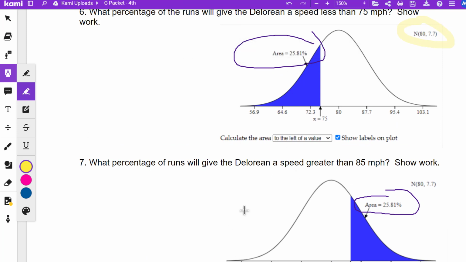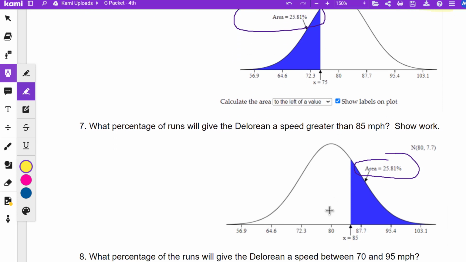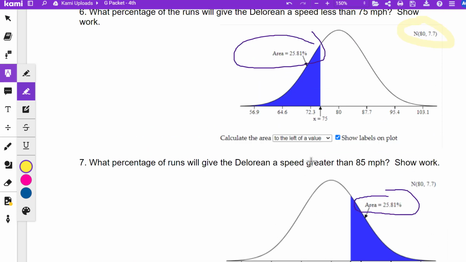Well, 75 is 5 miles per hour below 80, and 85 is 5 miles per hour above 80. 80 is our mean, and it's our center, so these are symmetric. So it should be the same, because it's cutting off at the same distance from the mean on both sides.